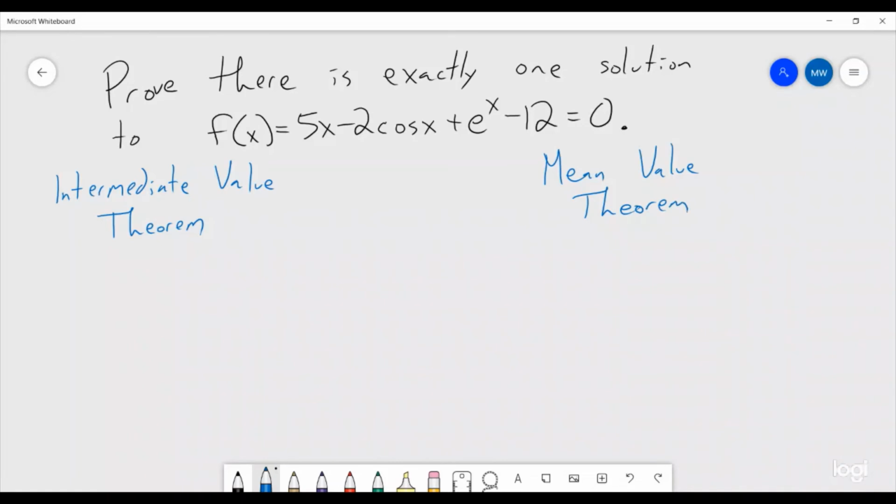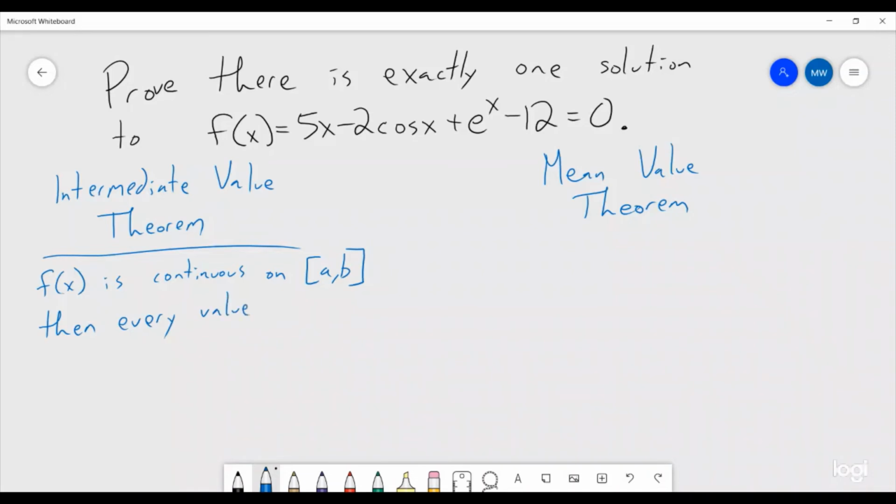So if you don't remember the intermediate value theorem, that says that if f of x is continuous on an interval a to b, then every value between f of a and f of b is reached at least once.